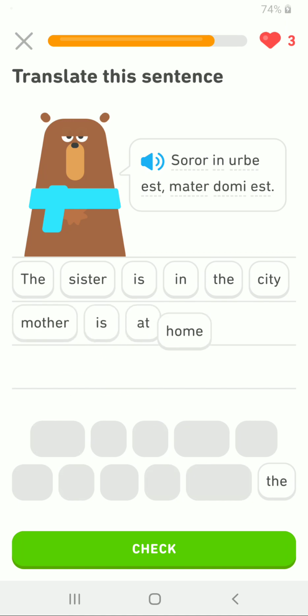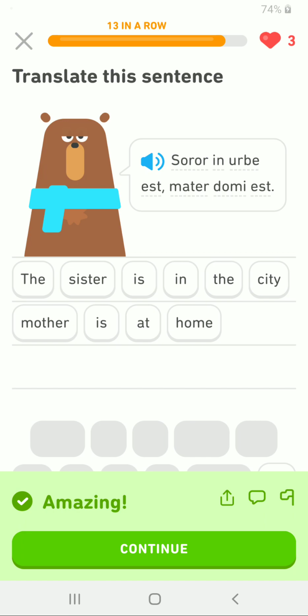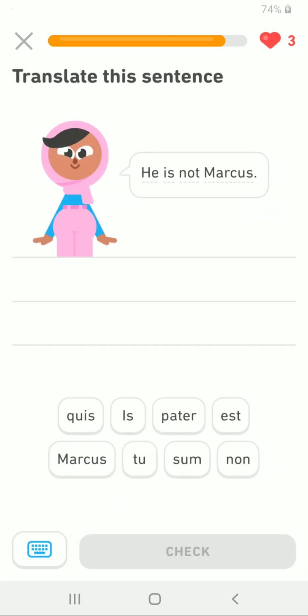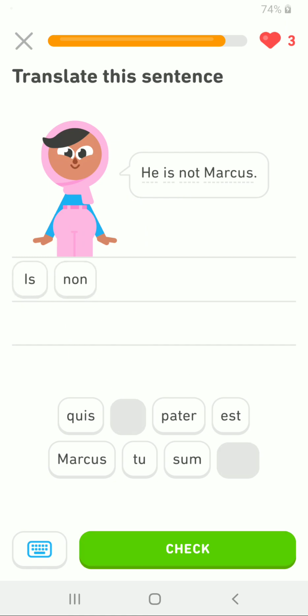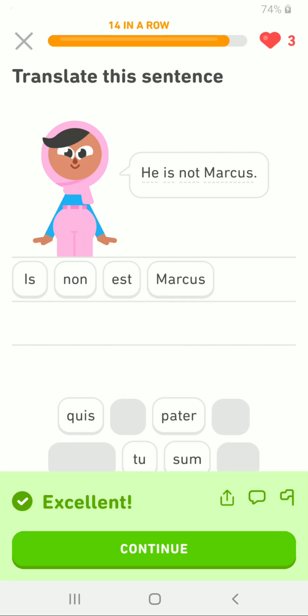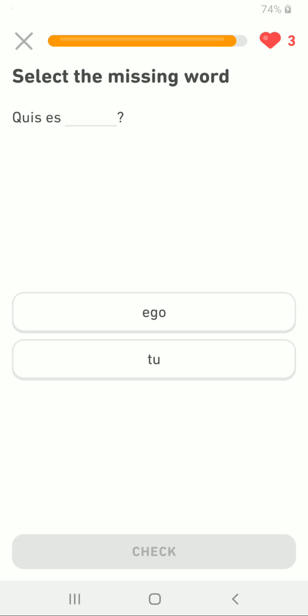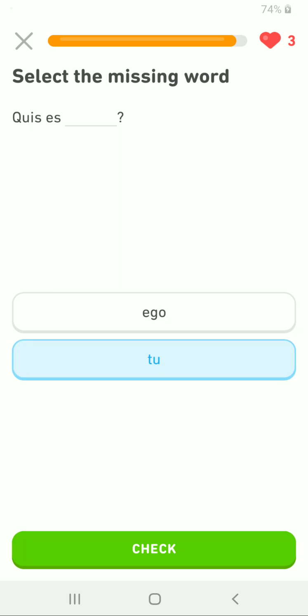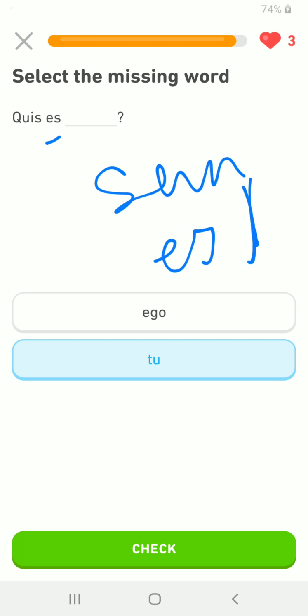Mother is at home. Notice that previously I could say, no, I already forgot, sorry. And here we have he is not Marcus. Is non est Marcus. Yes, quis es tu, because it's es, so remember sum is for I, ego, and es is for tu, which is you, singular.